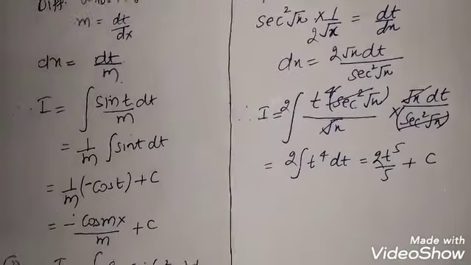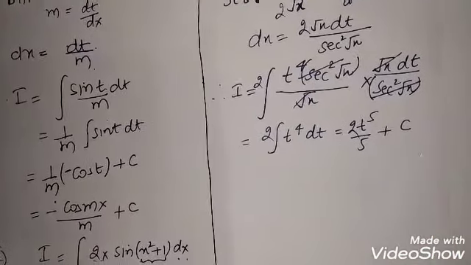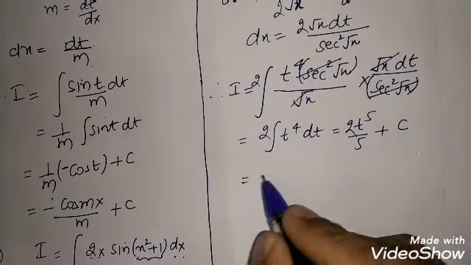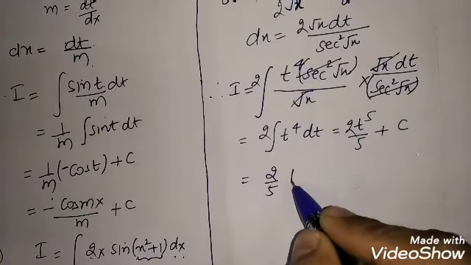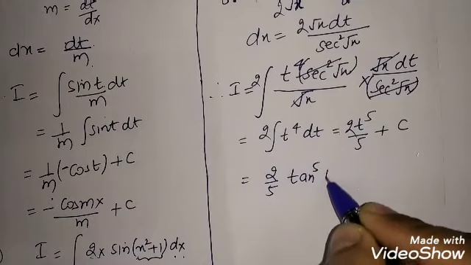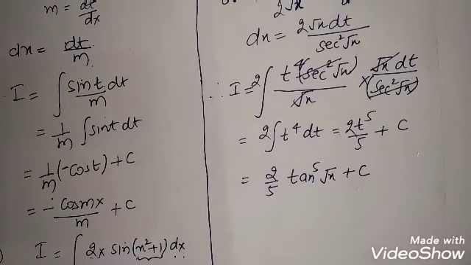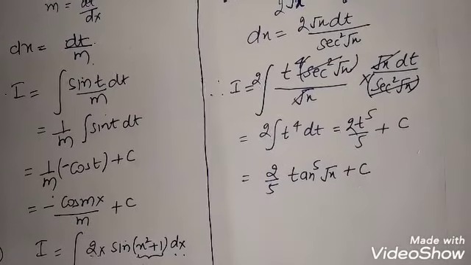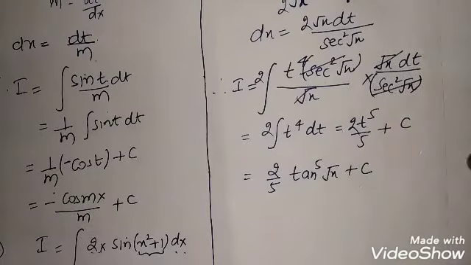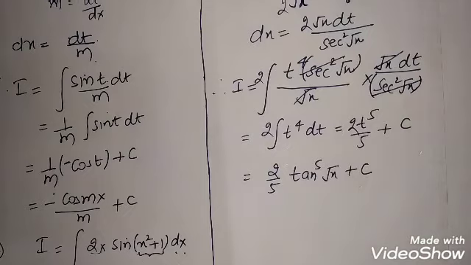Simple. Now we are left with one simple thing: you have to put the value of t. So t is tan √x, and the answer is tan⁵ √x plus c. Okay, it's very easy: integration of tan⁴ √x sec² √x upon √x.